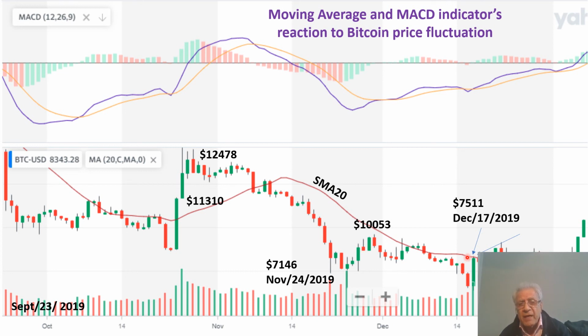Did we make a good decision or not? So you see in this graph, the MACD indicator, moving average, and price action are all in line, and we made a good decision to enter and exit the trading market.